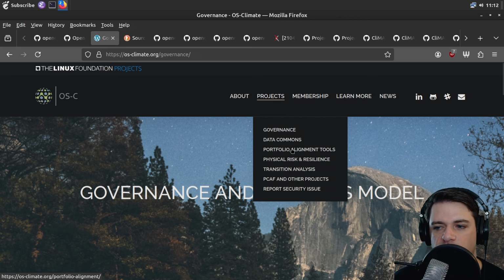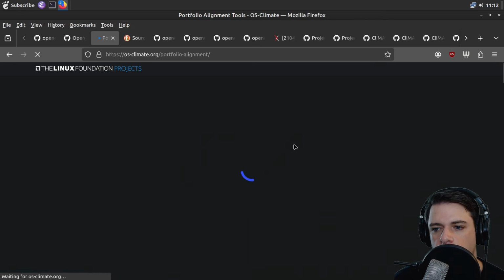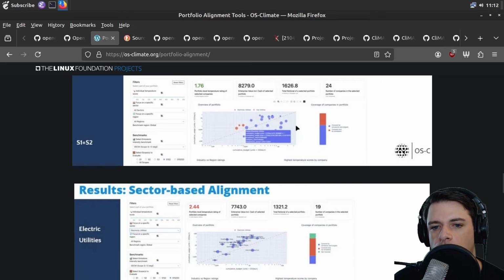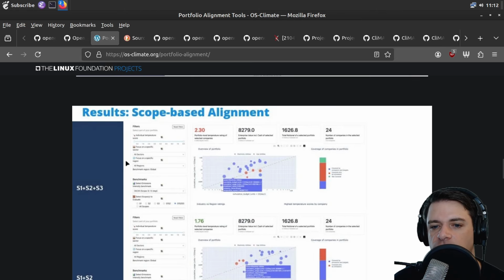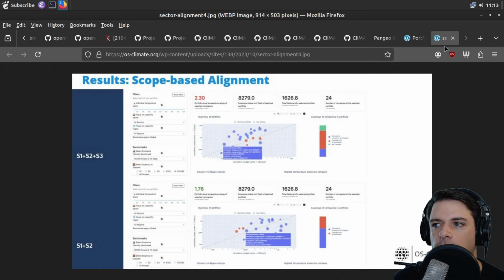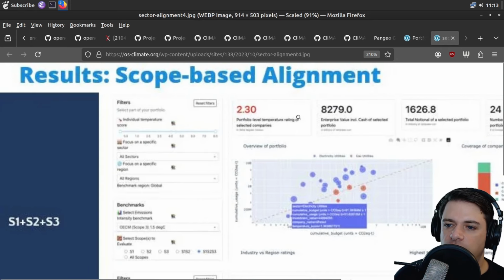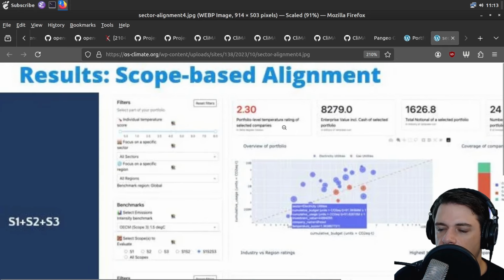We have Data Commons portfolio alignment tools. This is maybe a screenshot of something. We've got some filters over here. This looks like maybe a dashboard that an executive might see. Portfolio level temperature rating of selected companies. Okay, so this is some data visualization dashboard, it looks like.